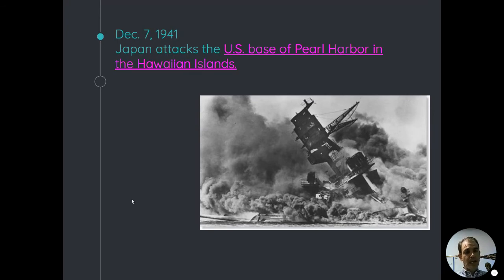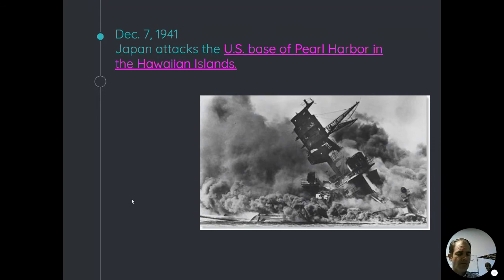And they did this with what were known as the kamikaze pilots. And these pilots were flying planes that only had enough fuel to get them to Pearl Harbor. So going into this, they knew it was a suicide mission. And the last weapon that they had in their arsenal was their own plane. So they attacked the Navy base. They attacked and destroyed ships.